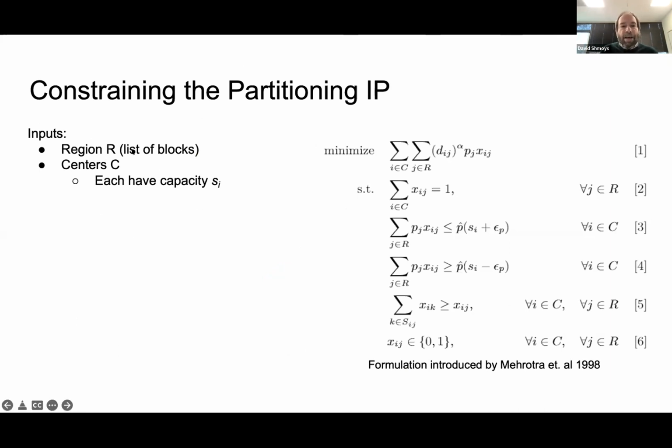Here now we have a sub part of the state. We have some region that we're going to partition. Actually, the first thing I'm going to do after I understand that I say I want to split it into K subparts, we're going to take the overall number of representatives associated with the input region and know how many representatives are going to be required in each of the subblocks.